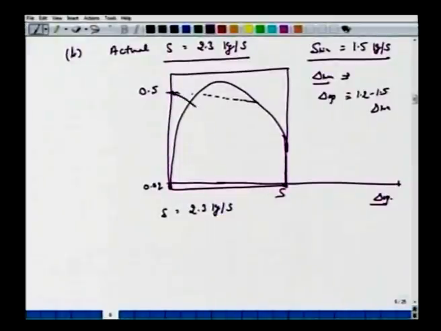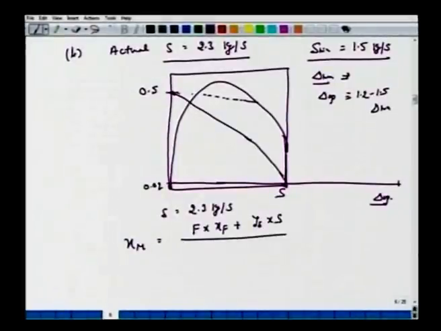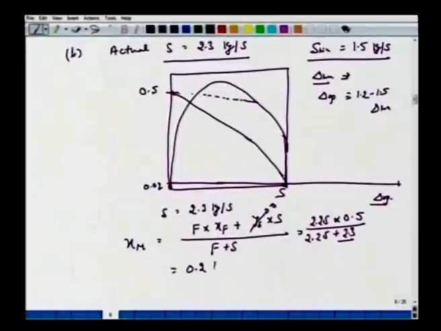We are adding with the feed here F, connect to this S, so we can get XM as F into XF plus YS into amount of S. YS is of course 0, over F plus S. So we have 2.25 into 0.5 over 2.25 plus 2.3, that's the amount of solvent given to us. If you calculate, we have 0.246.